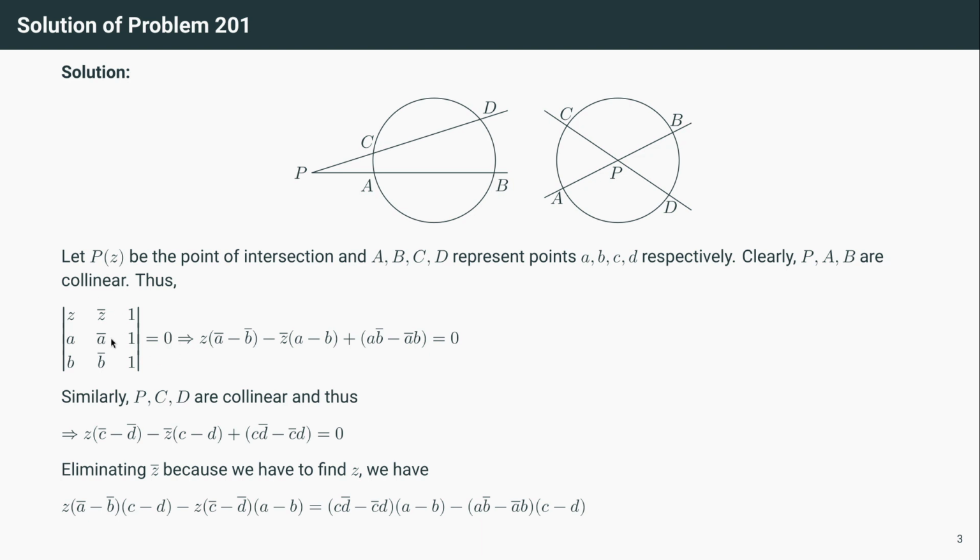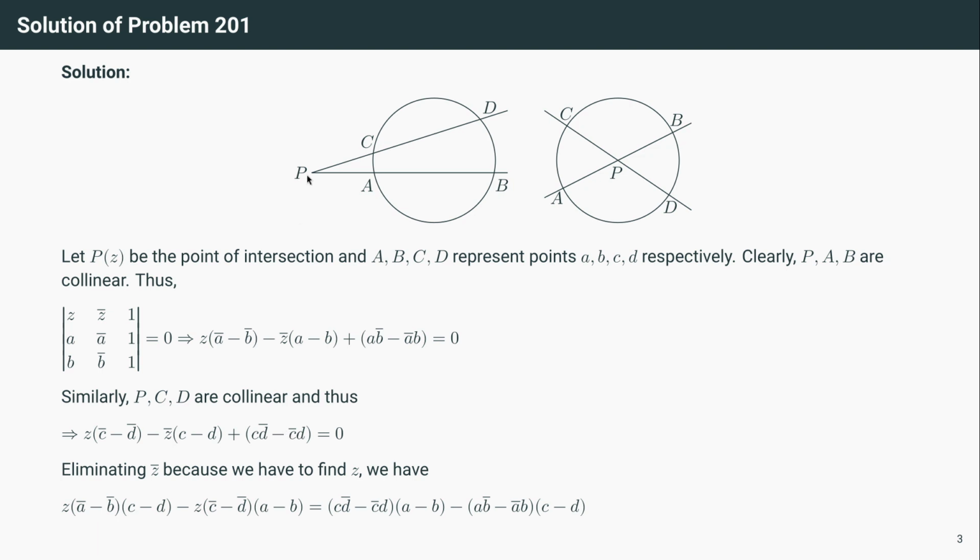By expanding this determinant, we will arrive at z into (a bar minus b bar) minus z bar into (a minus b) plus (a b bar minus a bar b) is equal to 0. And similarly, because P, C, D is also collinear, we will have z (c bar minus d bar) minus z bar (c minus d) plus (c d bar minus c bar d).